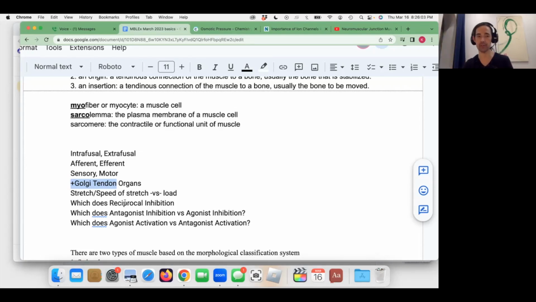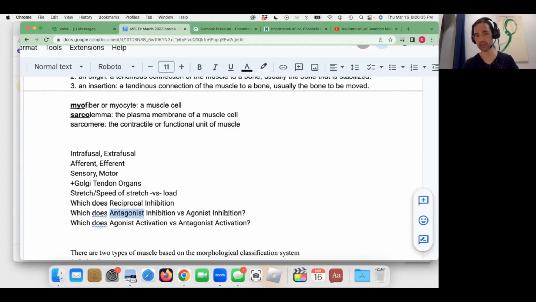So when you hear reciprocal, think antagonist. The other one is called agonist inhibition, but they're not going to say agonist inhibition and reciprocal inhibition on the test. They're not going to say which one does intrafusal muscle fibers do. Reciprocal is antagonist, which is the antagonist muscle relaxing, allowing the agonist to shorten.